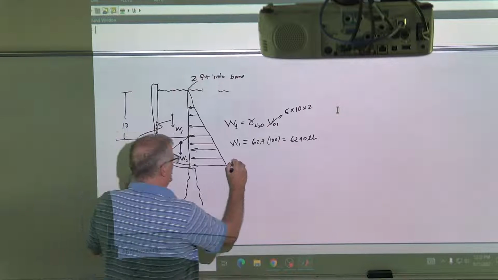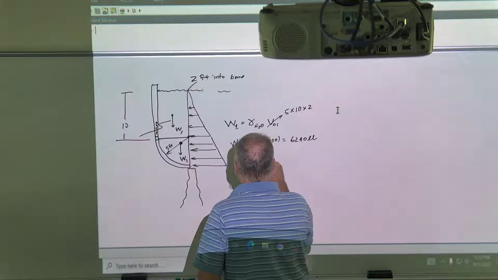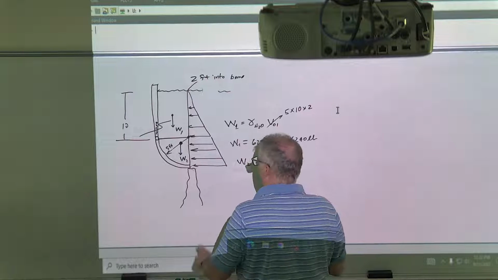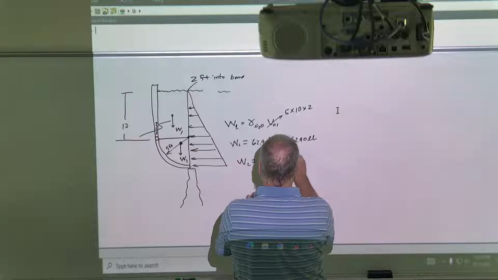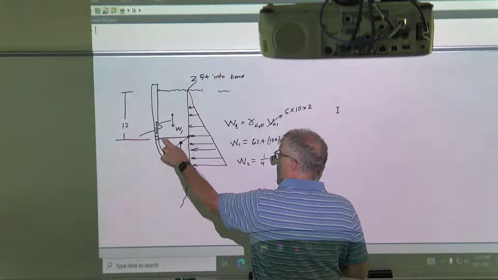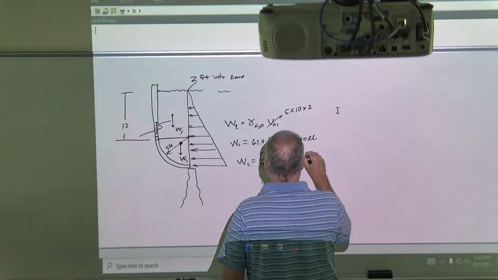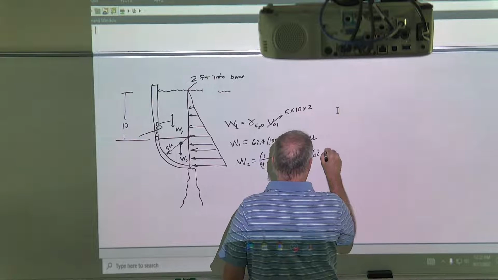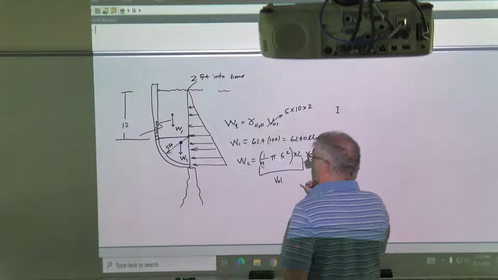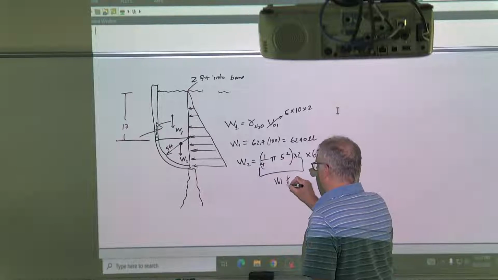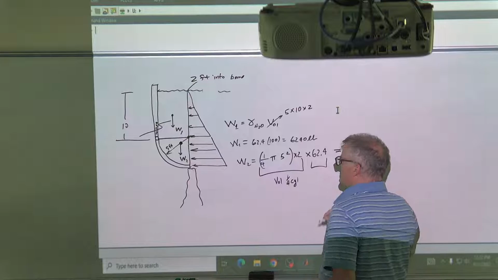Let me go in and do the weight of block 2, which is 1/4 of pi r squared, but r is 5 foot. That is the area here, and it's extended back by 2 foot, and it's the gamma, 62.4. So this is the volume of the quarter cylinder, and this is the gamma, and that'll give you the weight of that.